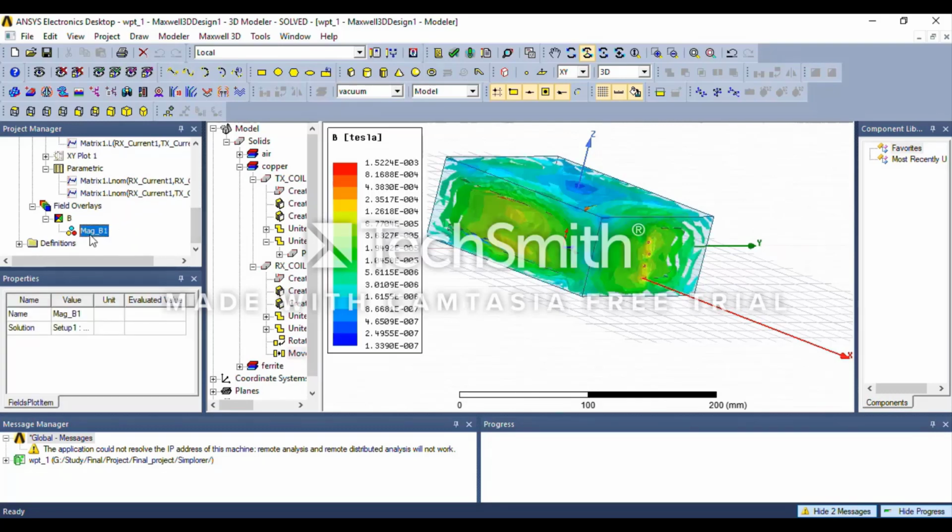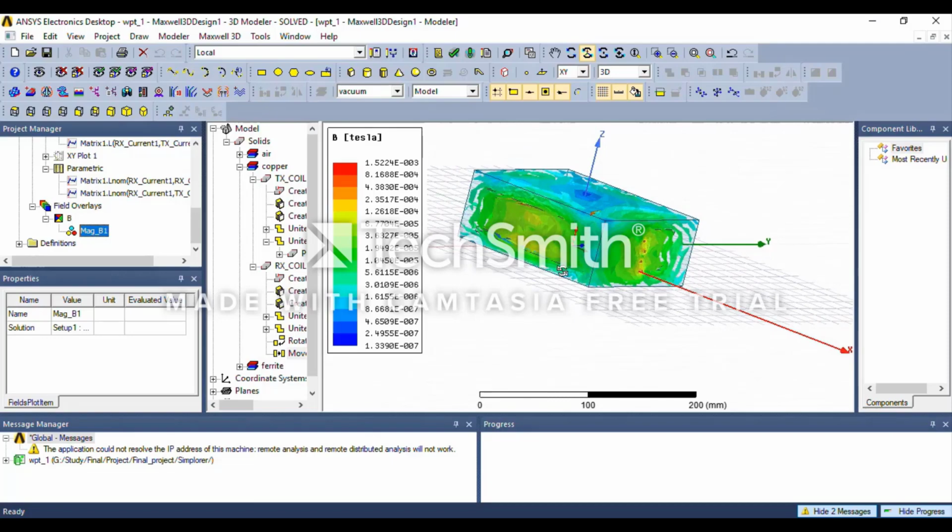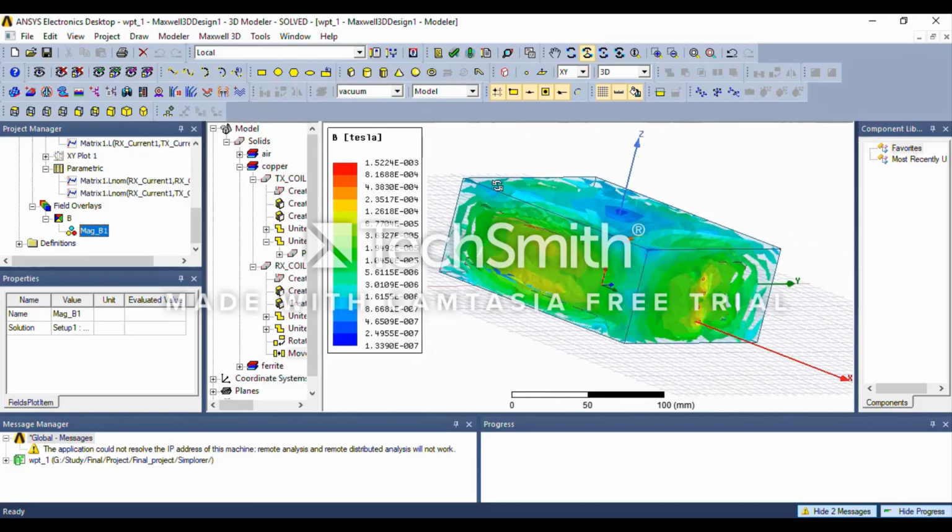Let's see how the magnetic field is varied between these two coil systems. Here we can see the magnetic field strength is quite strong at the center of the system, and it is gradually decreasing as we move towards the boundary of our system, and the boundary is restricted as per the dimensions of the air box.